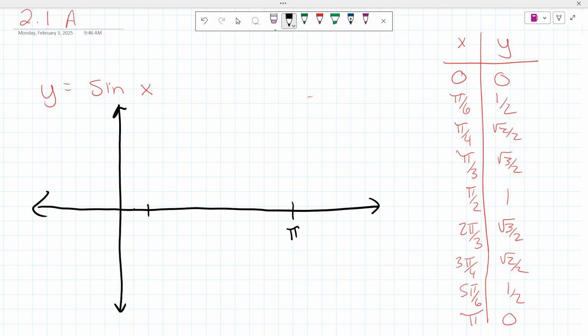Pi over 4 is the same as 3/12, so that would be there. Pi over 3 would be the same as 4/12, so that would be there. Pi over 2 would be 6/12, 8/12, 9/12, 10/12 to get to those. Okay? And let's put 1 right here, 2 right here.